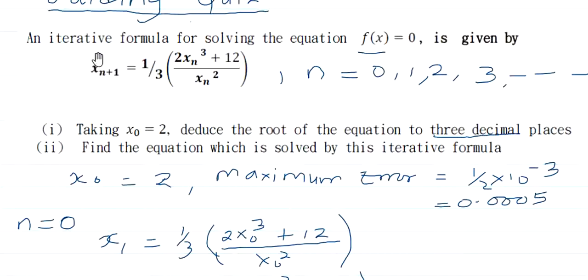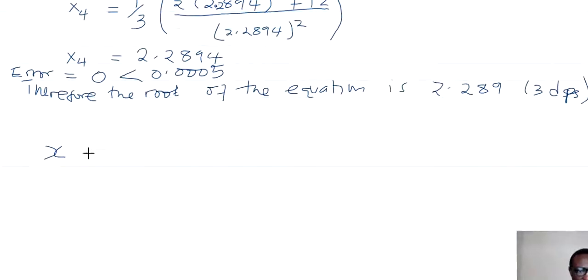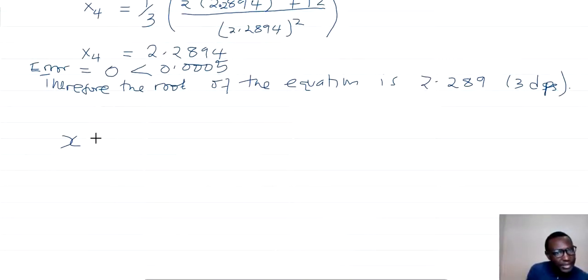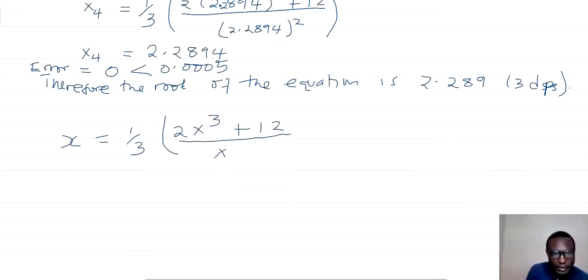So we are going to just replace back the x here, x here, x here. So we shall have x replacing xn plus 1 being equal to a third into bracket 2x power 3 plus 12 all over x power 2.